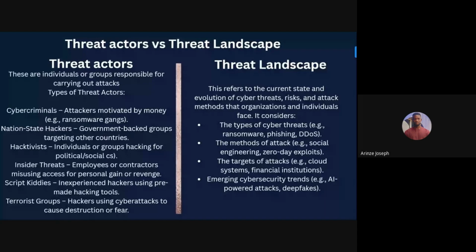Then there are emerging cybersecurity trends, for example AI-powered attacks. AI is very popular now. So you now understand that people can also make use of that to cause all manner of negative actions on the internet for the sake of financial gain, or maybe to push a narrative.